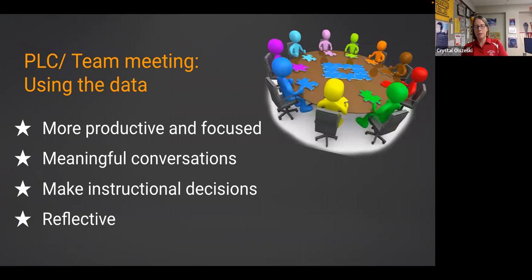So a lot of times with GradeCam, not just with yourself as an individual teacher, but a lot of PLCs or collaborative planning meetings that happen within districts, this data can be used and gives you a purpose for the meeting and makes it more productive and focused and actually problem solving.